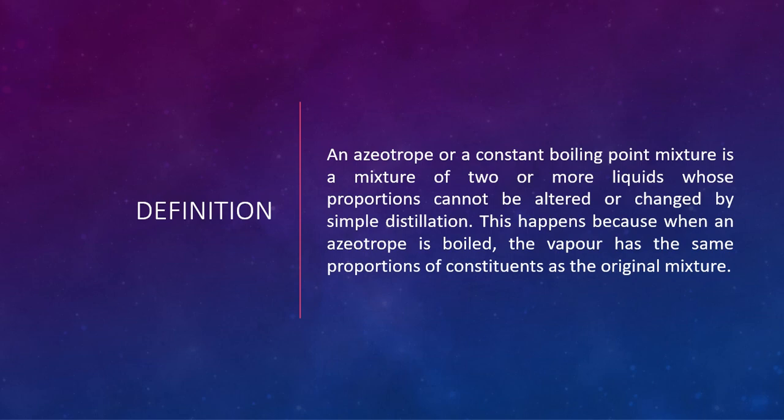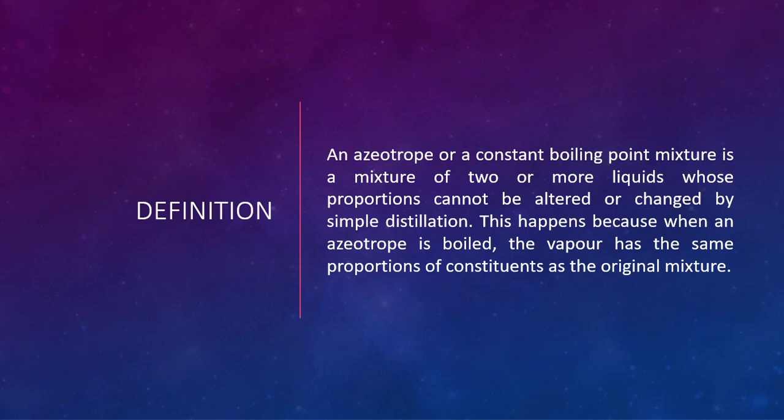But it often so happens that when we try to separate a mixture of two or more liquids with the help of distillation, sometimes after a certain point distillation is not possible, or maybe we are unable to separate it at all. In that case, we come to the concept of azeotropes.